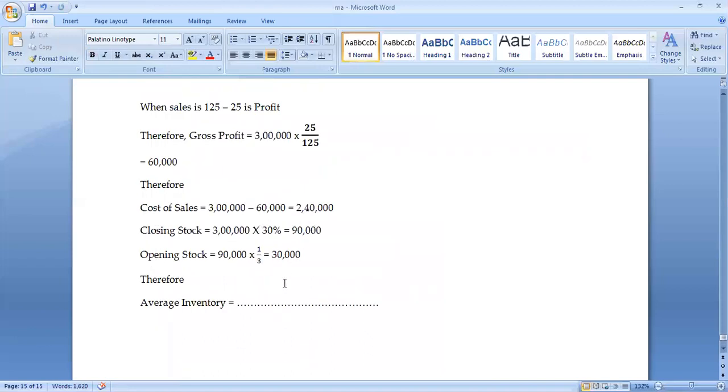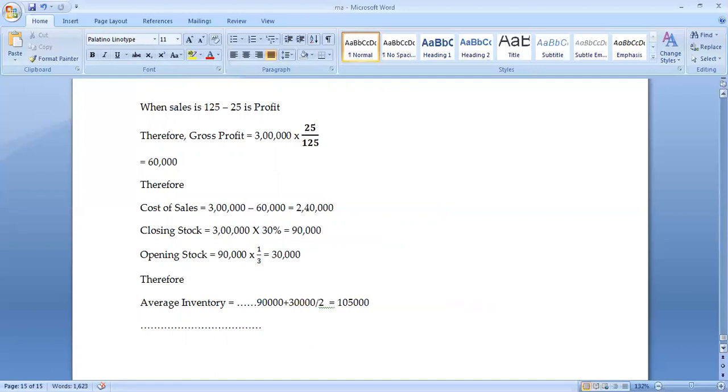Average inventory is opening stock plus closing stock, that is 90,000 plus 30,000 divided by 2, which is equal to 1,05,000. So 1,05,000 is the average inventory.